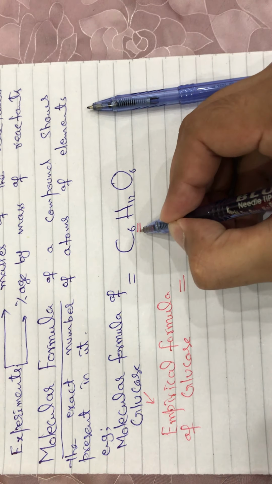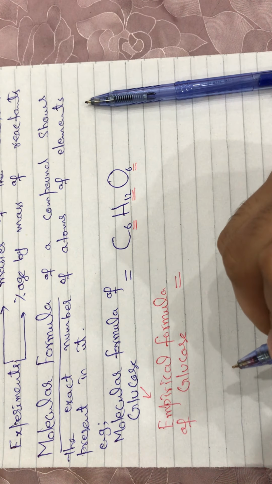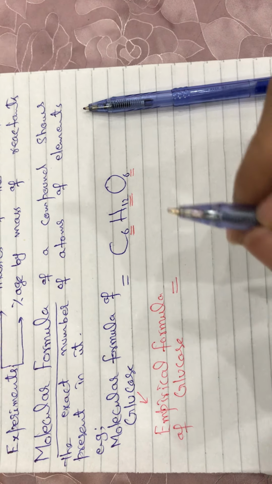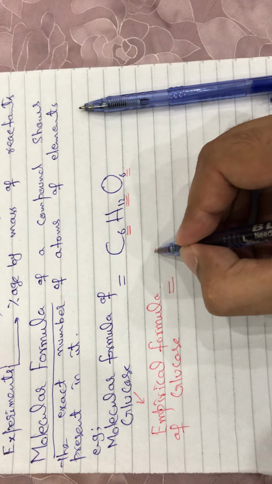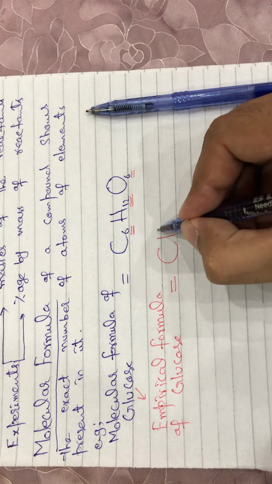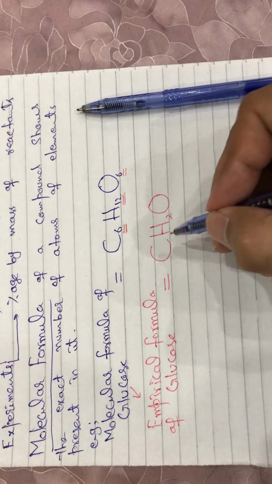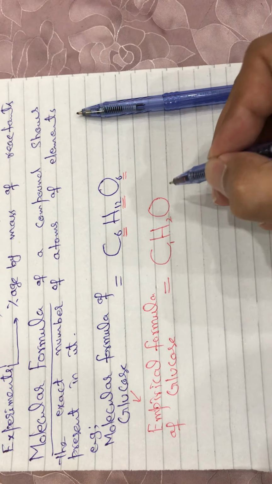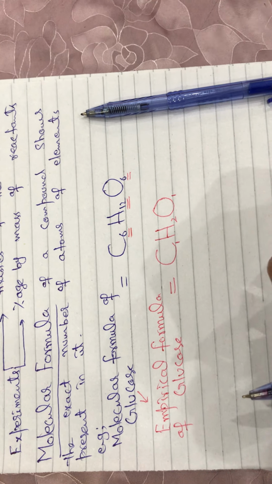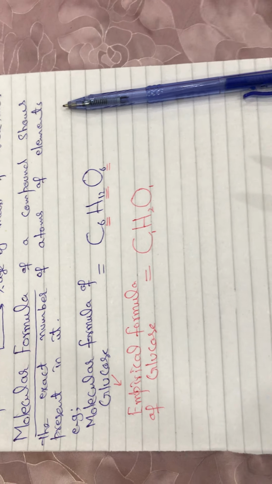If we consider 6, 12, 6, all three are multiples of 6, meaning we can take the common 6 out of them. Then C will be 1, H will be 2 and O will be 1. So 1 atom of carbon, 2 atoms of hydrogen and 1 atom of oxygen combine to form the empirical formula of glucose.